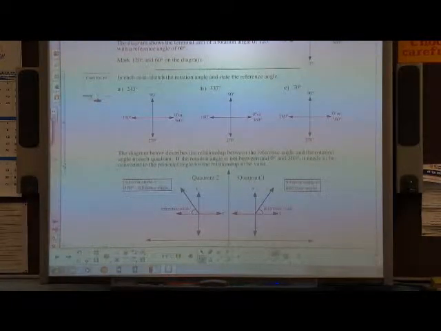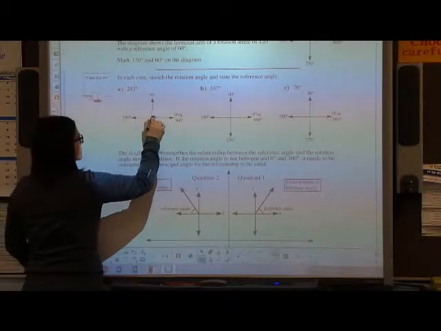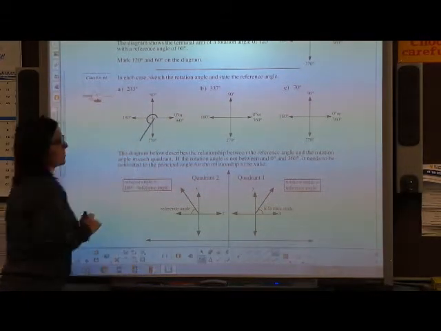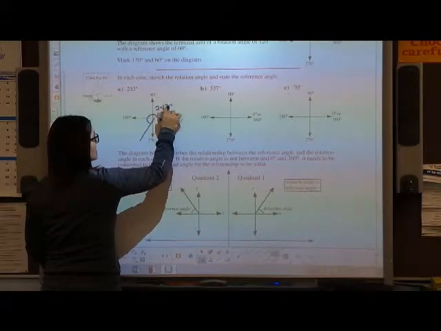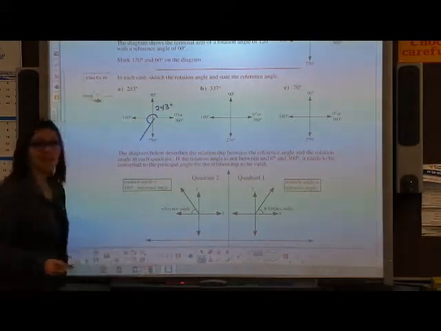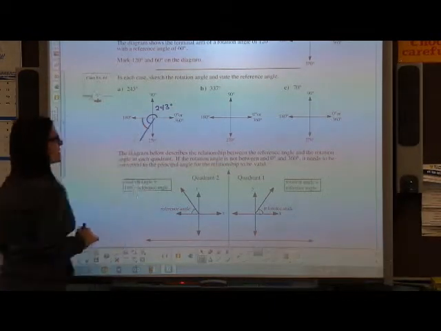So 243 degrees would put me in which quadrant? Third. Quadrant 3. So this is my 243 degree angle. My reference angle is the angle from the terminal arm to the x-axis.